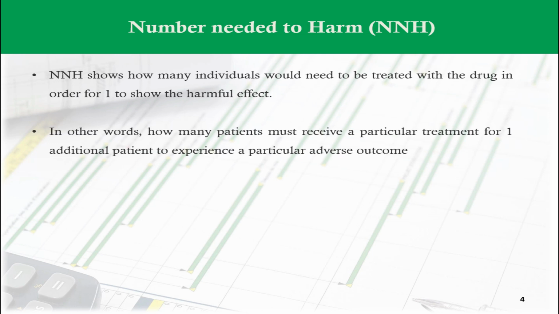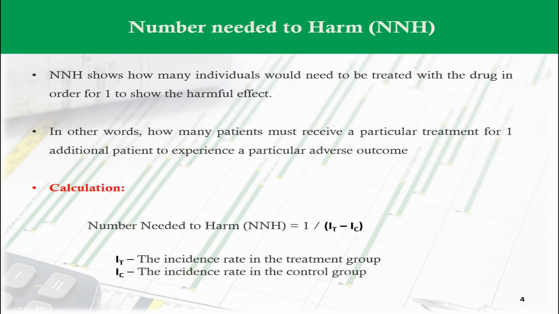In other words, the number needed to harm, NNH, is a derived statistic that tells us how many patients must receive a particular treatment for one additional patient to experience a particular adverse outcome. NNH shows how many individuals would need to be treated with the drug in order for one to show the harmful effect.